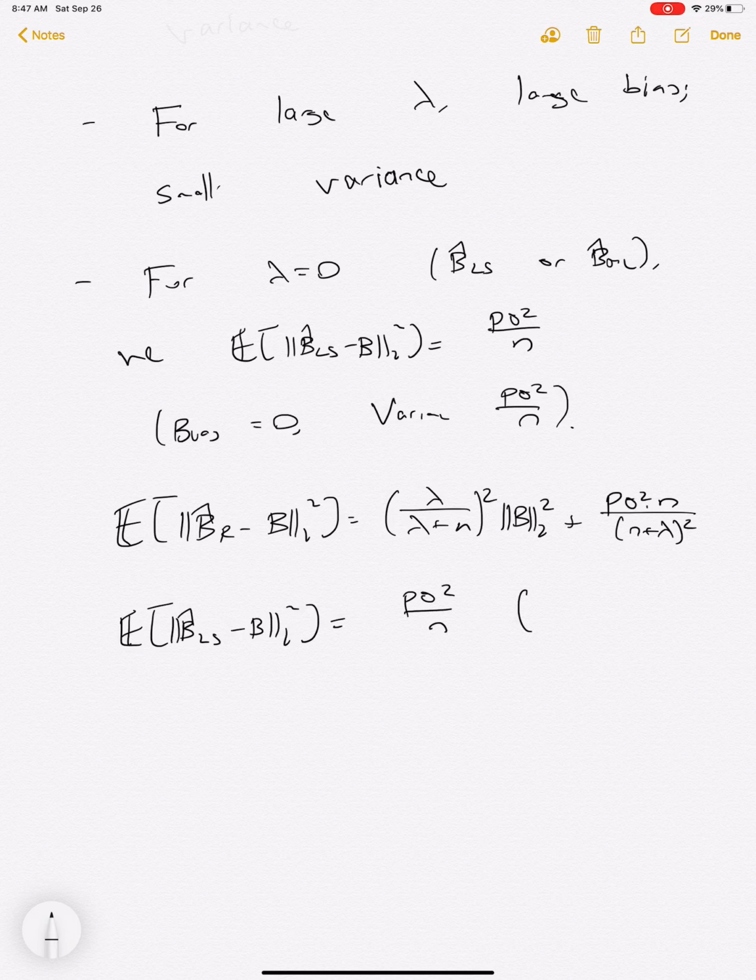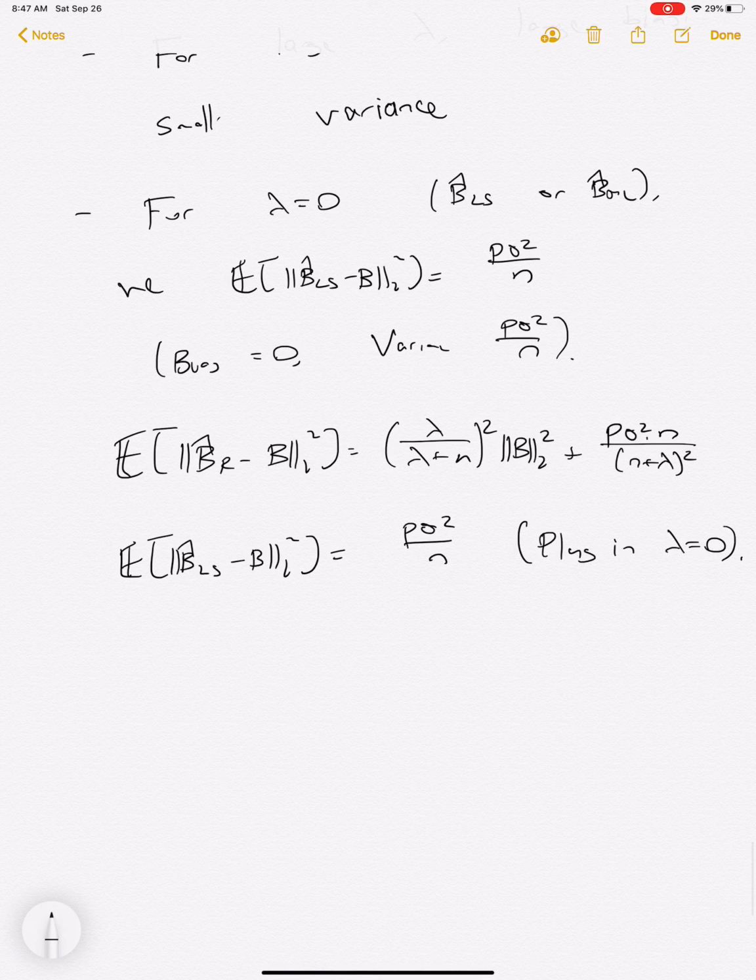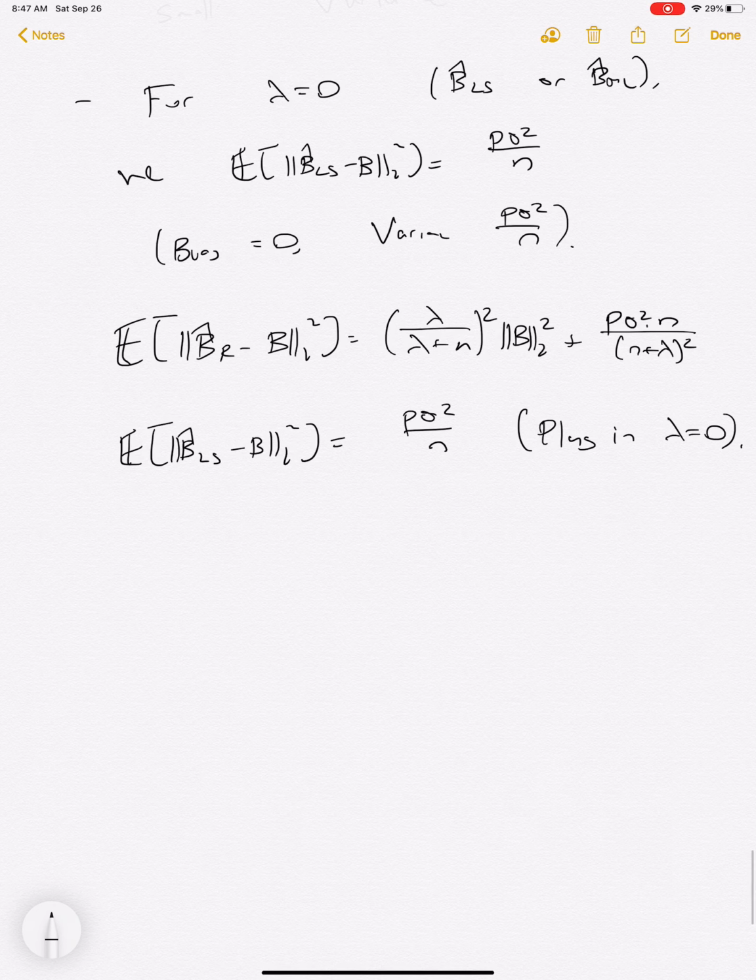If you plug in lambda equals 0, you get exactly that, and that's what you expect, because with lambda equals 0 there's no regularization, you just have the least squares estimate.